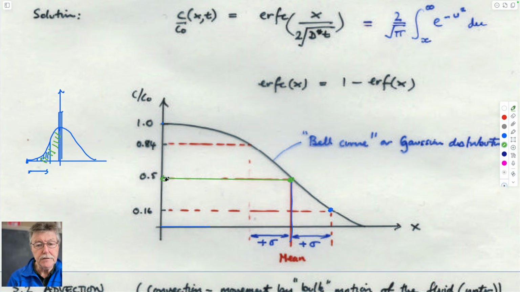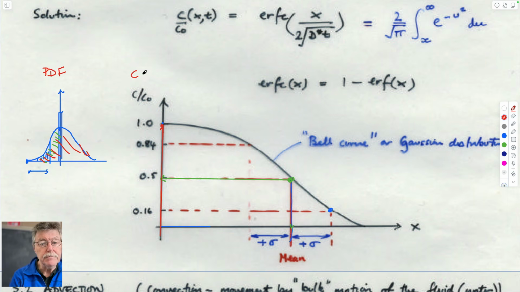So 50% concentration versus this. And if you go all the way, if I go red, so if you go all the way here to here, then this would be 100%. So this is a PDF, probability density function.